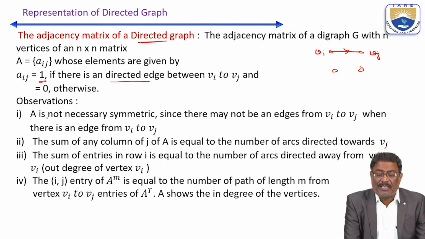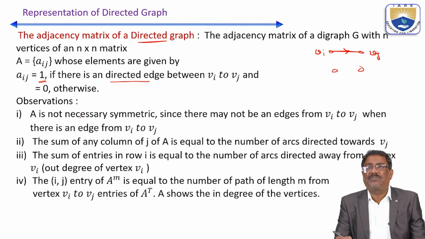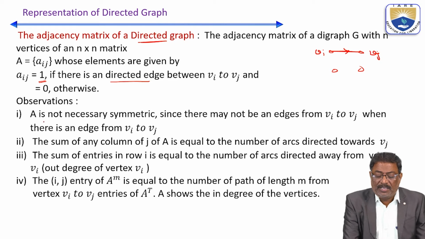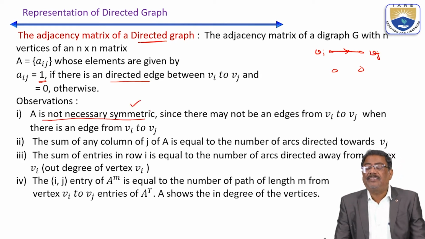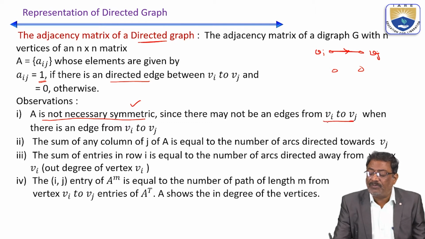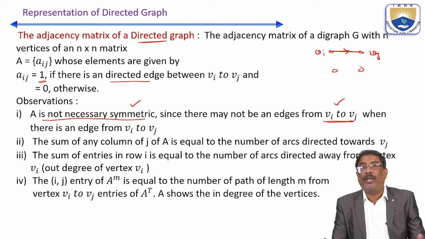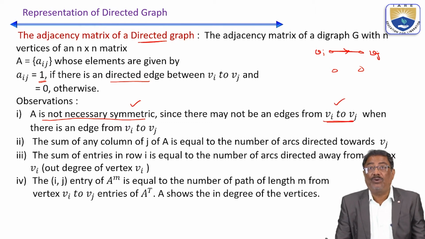Some of the observations are similar to the previous one. A is not necessarily symmetric, since there is an edge from Vi to Vj but no edge from Vj to Vi.